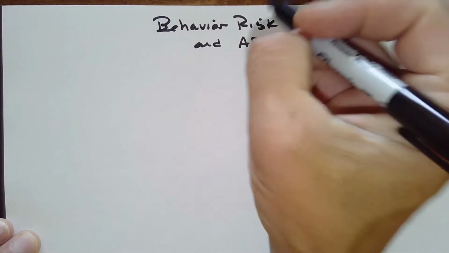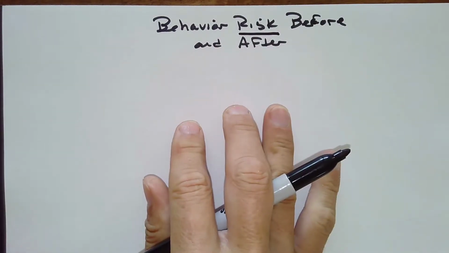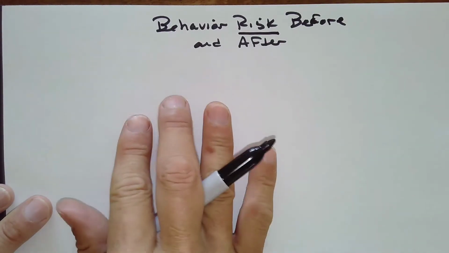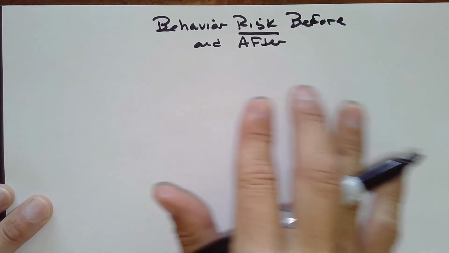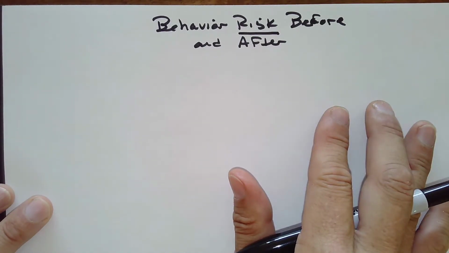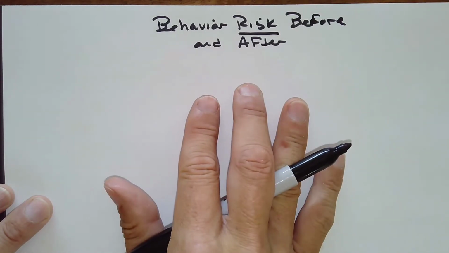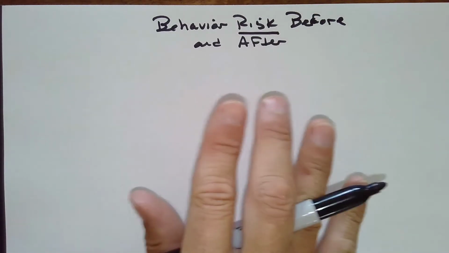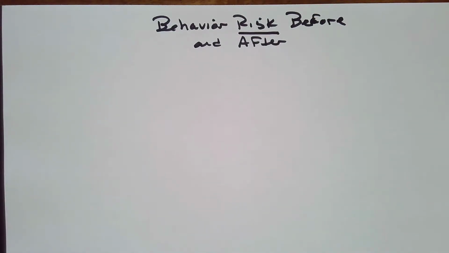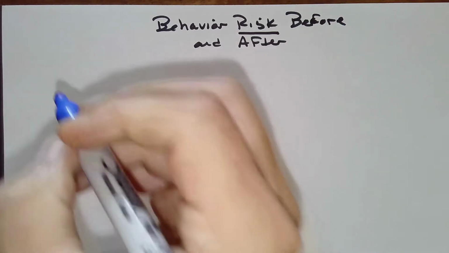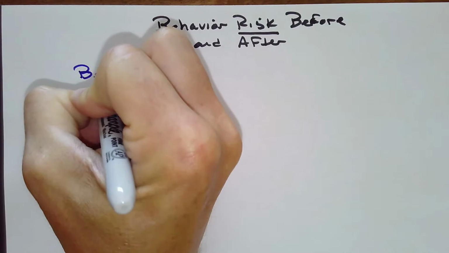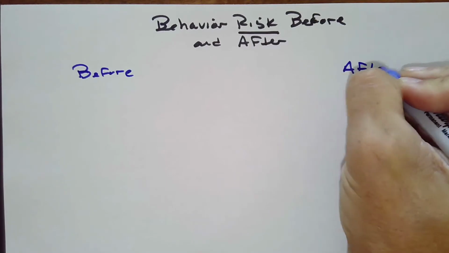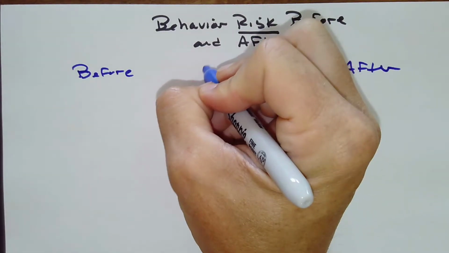I'm going to think about the behavior of cash before the derivative and the behavior of cash after the derivative. That's the way I like to look at things. Behavior of cash flows, before and after, and I'm looking at the hedged item.